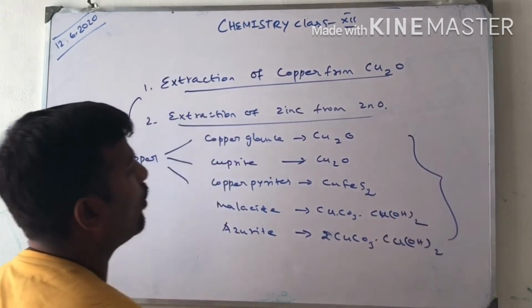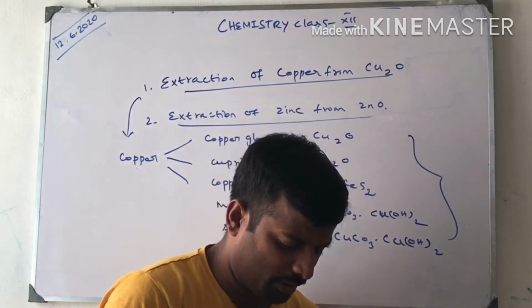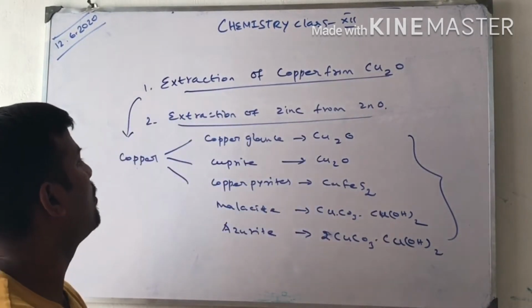So these are the oxide ores, sulfide ores and hydroxide ores of copper.